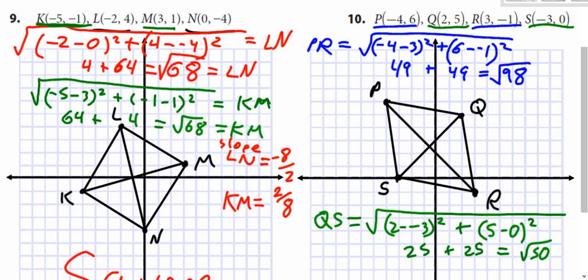So we check the slopes. Get the slope of PR. So P to R goes down 7 and over 7.